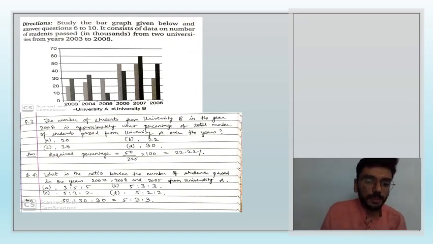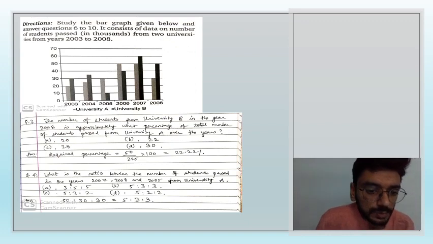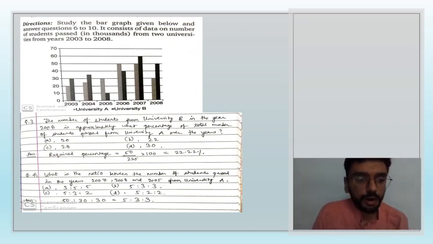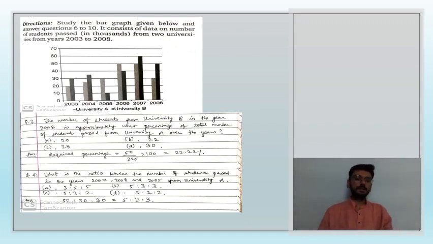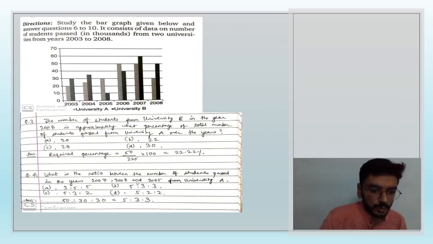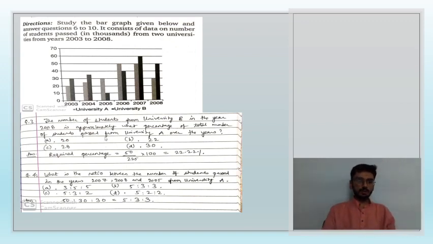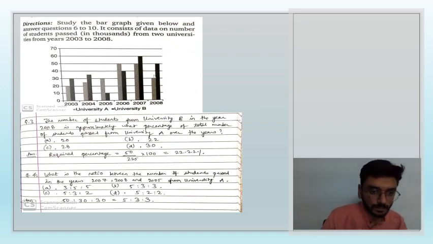What is the ratio between the number of students passed in the years 2007, 2008 and 2005 from University A? In 2007, the number of students passed is 50 from University A. In 2008, it is 30, and you can see in the bar graph also, and in 2005 it is 30 again.